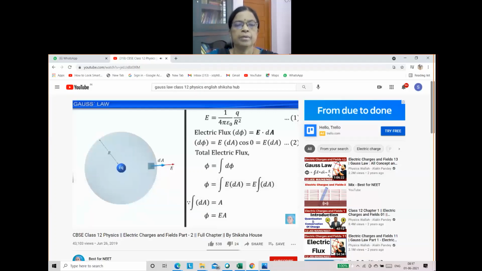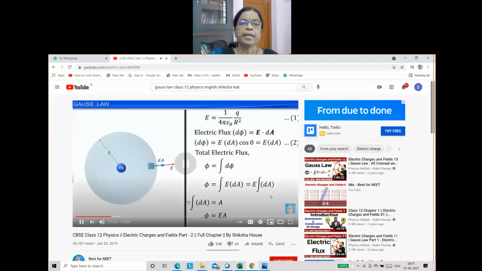Therefore, we have phi is equal to E into 4 pi r square. Children, I will explain these steps here. The electric field at a distance r from the charge is E equal to 1 by 4 pi epsilon 0 q by r square. And we have considered a small surface on the Gaussian surface. Gaussian surface means a surface surrounding the charge where the electric field at every point on the surface is same.